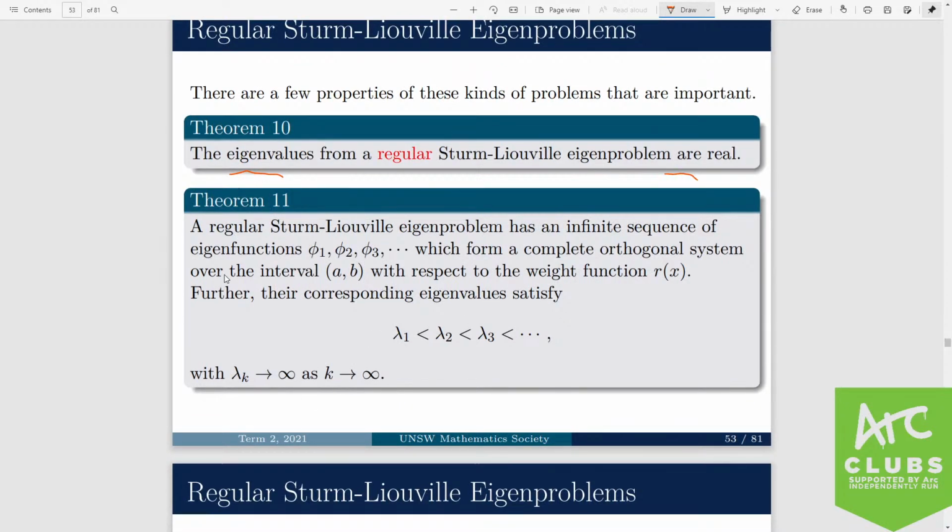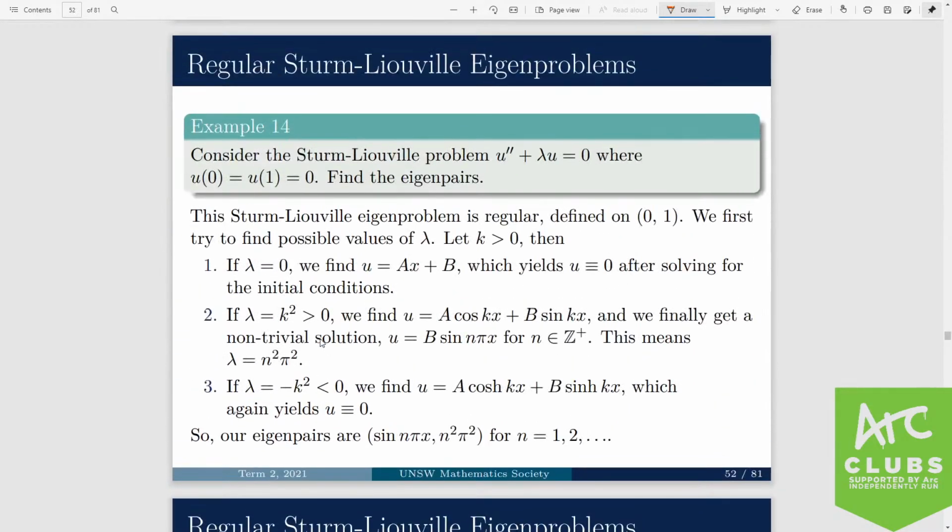But more importantly, the solutions that we get, which are the eigenfunctions, will form a complete orthogonal system over the interval AB with respect to the weight function. And additionally, when reordered, the eigenvalues will go off to infinity. And this you'll see from this example.